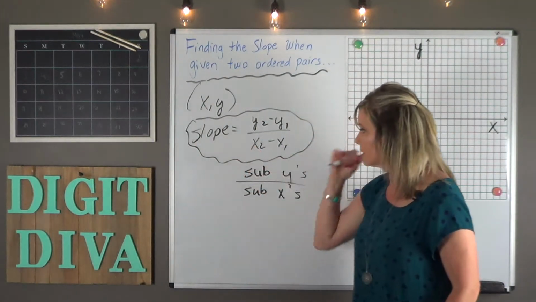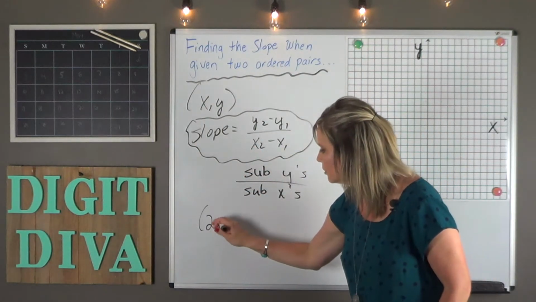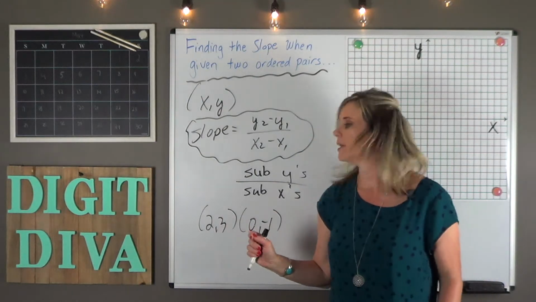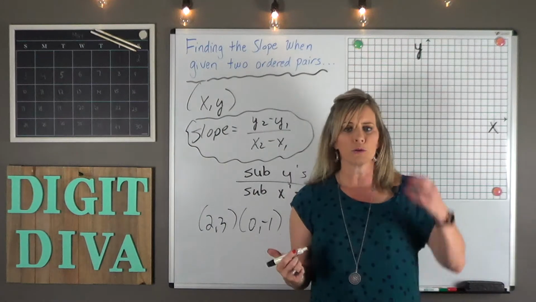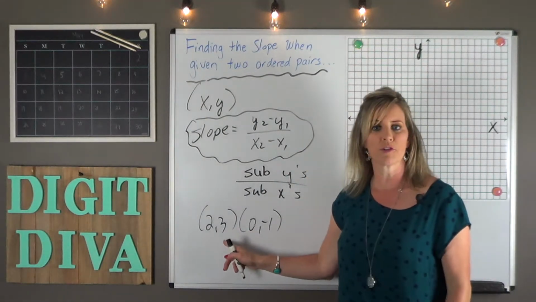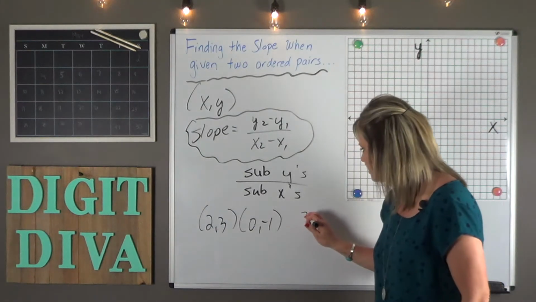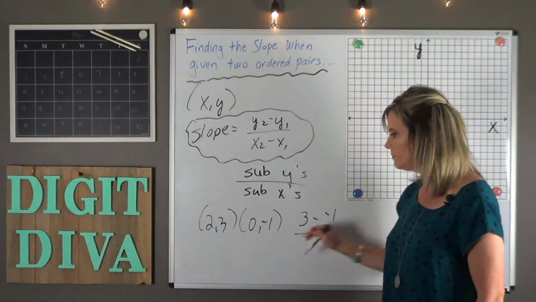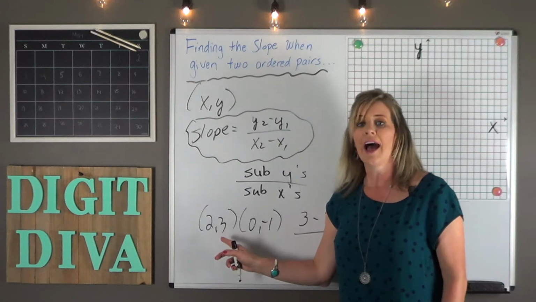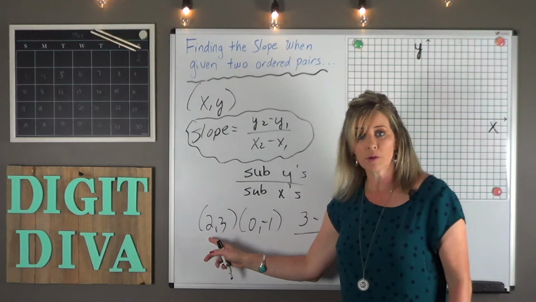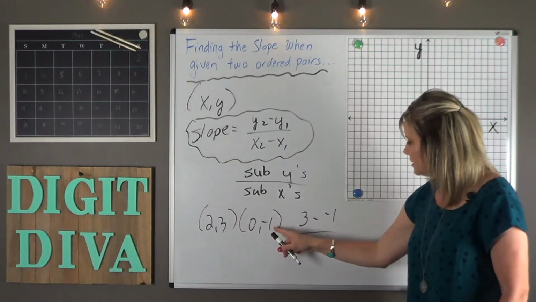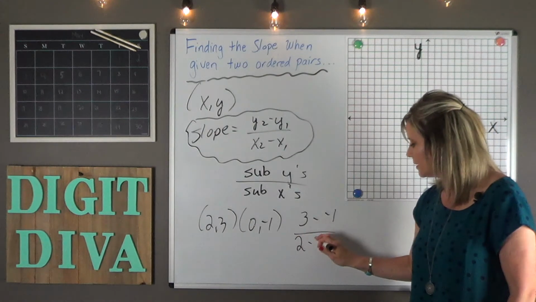Let's use those same two ordered pairs again. If I said, in any order, subtract your y's on top, subtract your x's on the bottom, let's pretend I want to start with 3 this time. Since I started with 3, the first set of parentheses for my y's, I have to start with 2, the first x value. So 3 minus negative 1 divided by 2 minus 0.